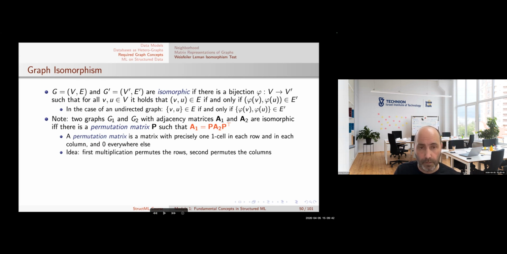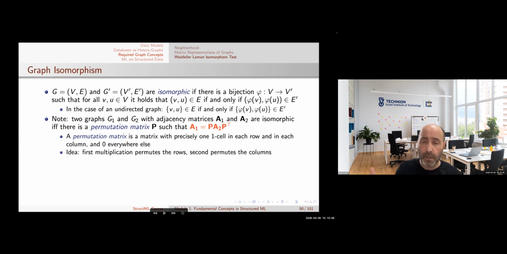So G1 and G2 are isomorphic if A1 can be written as A2 when you multiply it from the left by some permutation matrix and from the right by the same permutation matrix transpose. And why is it so? Think of it for a while.